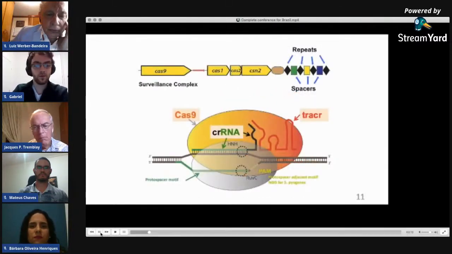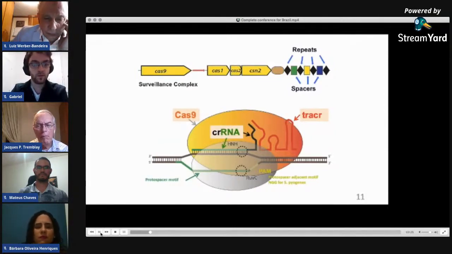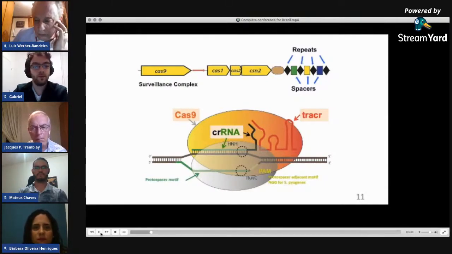To bind to the DNA, the Cas9 protein requires the presence of a protospacer adjacent motif, which is simply NGG for the Streptococcus pyogenes Cas9. Then there is the crRNA, which contains a variable sequence of 20 nucleotides that will be complementary to the bacteriophage sequence.